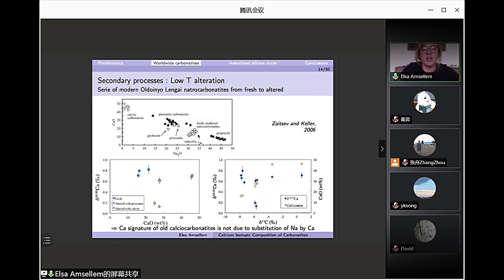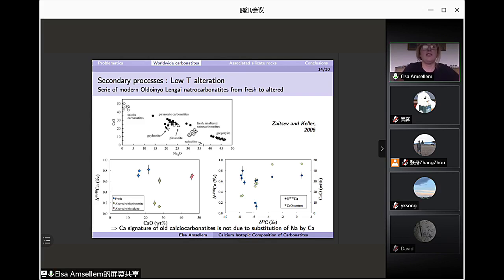Here you have the fresh, unaltered natural carbonatite. Here you have a first stage of alteration, and this is the final step of alteration where there is no sodium and very high calcium. And these really look like calciocarbonatites. That's why these authors suggested that it is alteration that produced calciocarbonatites.